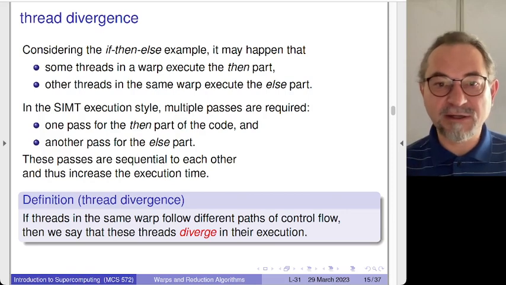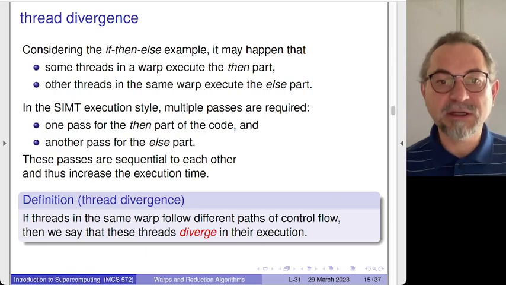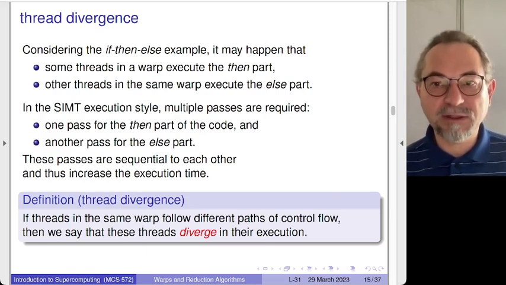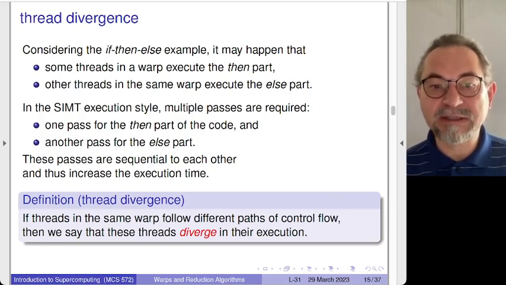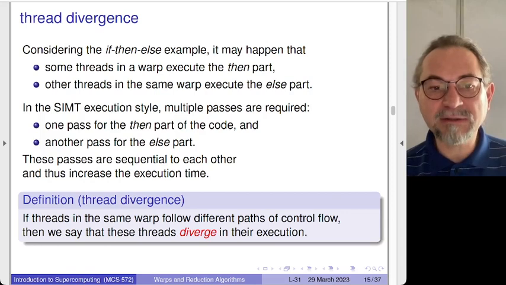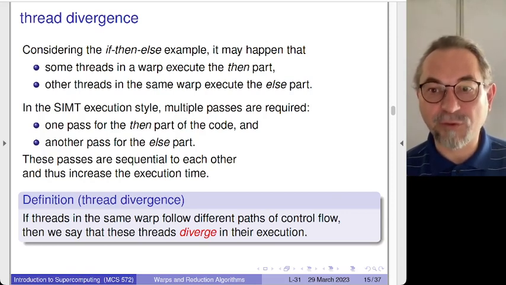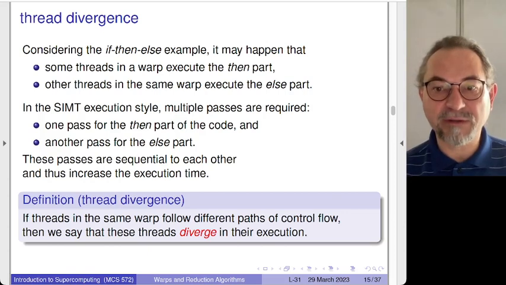This contradiction gets resolved by running the warp twice. So you make two passes in the same code, and that increases the execution time. That means that the threads diverge in their execution, and we speak of thread divergence.